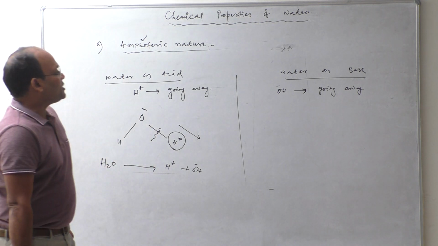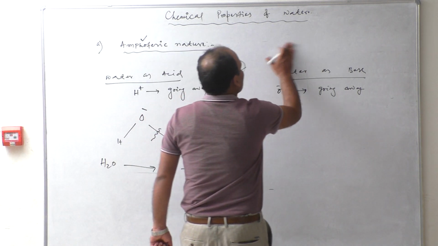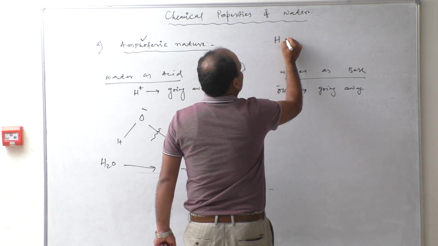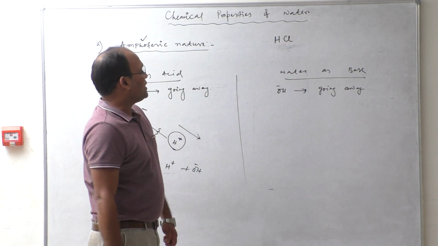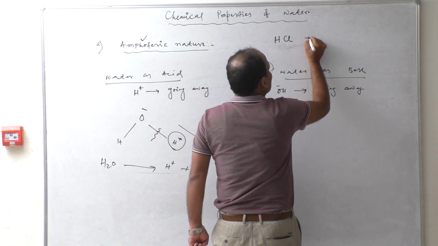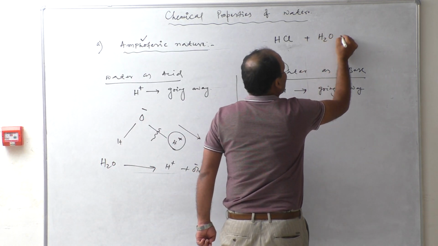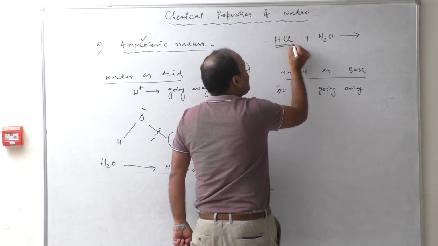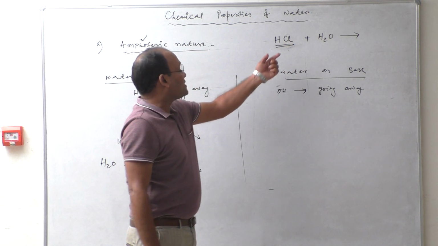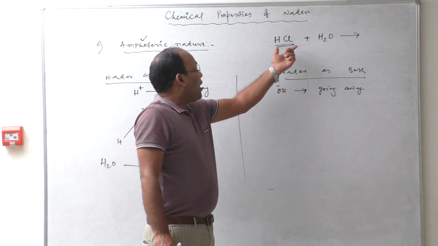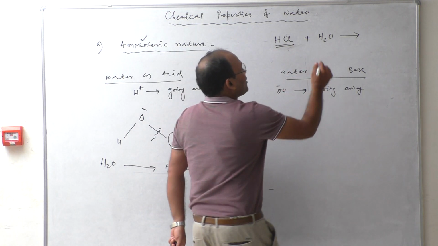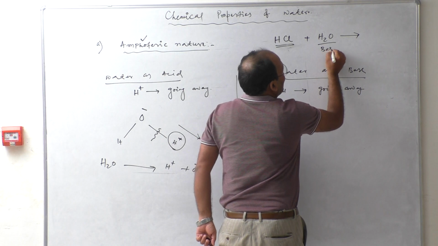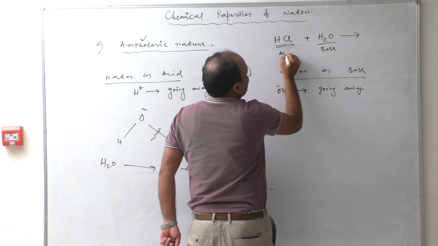Suppose we take an example, here is an acid, HCl, a common acid. When it reacts with H2O, what will happen? HCl is a strong acid, and its acid strength is more compared to H2O. So in this case, water behaves like a base, because this is your acid.